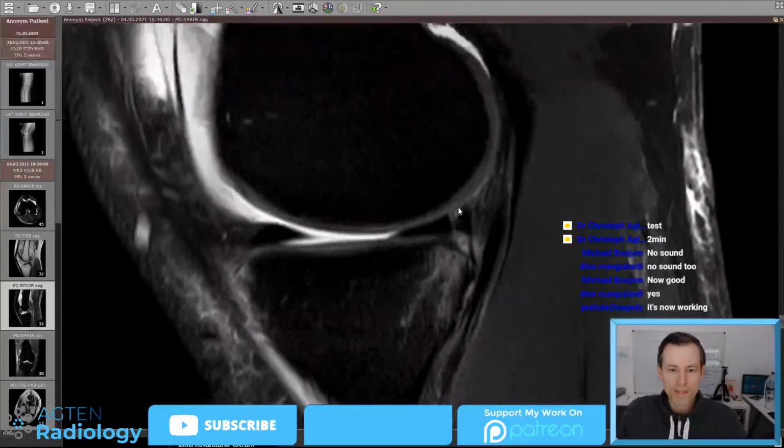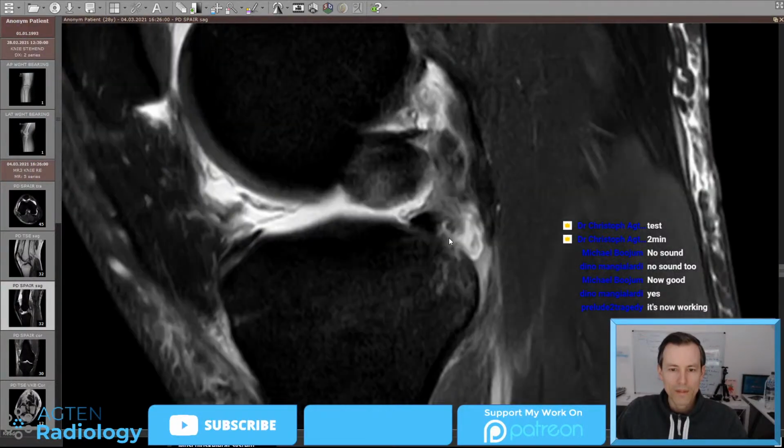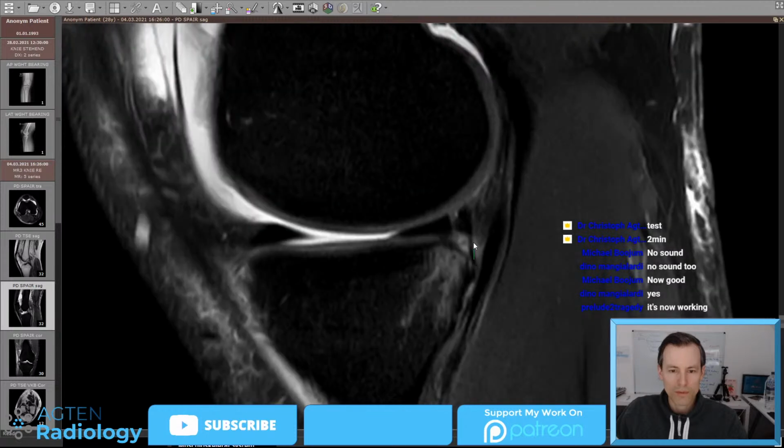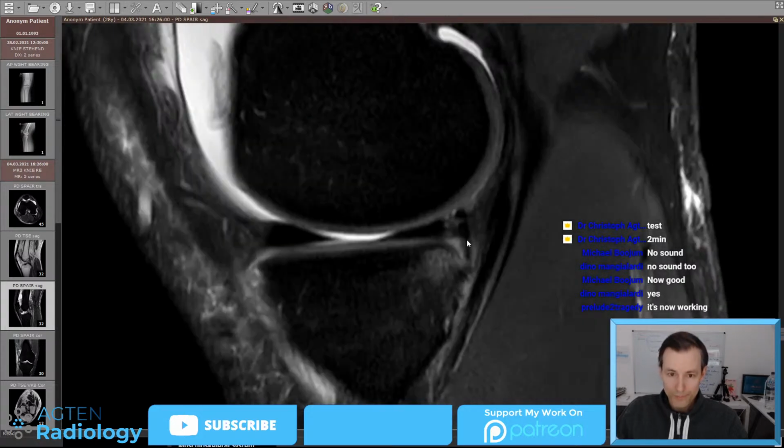So the base is basically torn, and I think this is a nice example where you can also see this kind of meniscotibial ligament. Here there is a very tiny ligament that goes from the tibia up to the base of the meniscus, and this is sometimes also injured with the whole posterior medial corner injury types and the ramp lesions, etc.